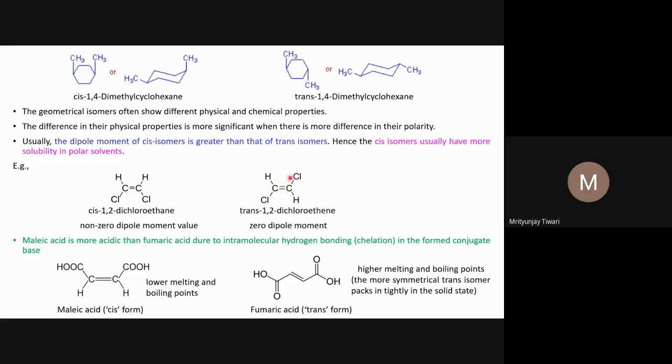They will partly cancel out, but because they are opposite in direction, you get a very small dipole moment in this case. So the trans isomers usually have very little dipole moment, and the cis isomers have greater dipole moment, so cis isomers are more soluble in polar solvents than the trans isomers.